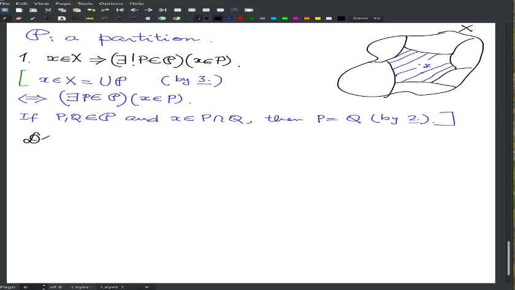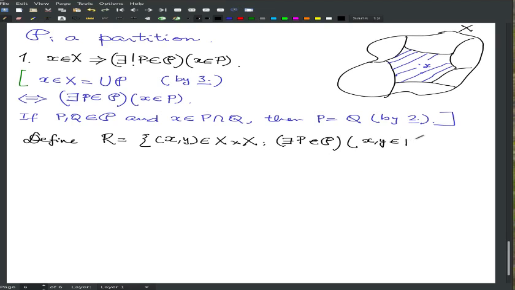Define R equal to the set of (x, y) such that there exists a P in script P such that both x and y are members of P. See, it's a kind of cheating that I am doing.